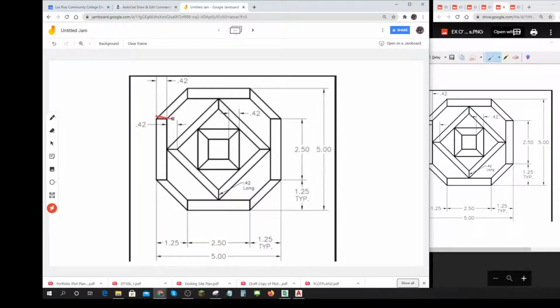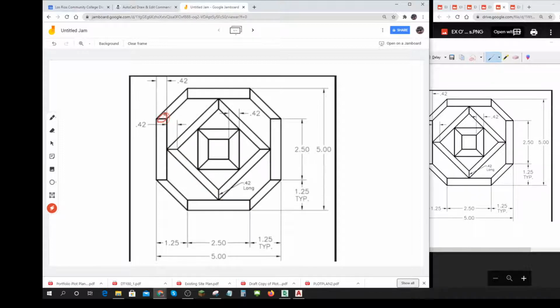And then the way I did it is I drew this little line, and then I copy, copy, copy. And I drew this little line. I did copy, copy, copy. And then I used my endpoint O snaps. And then I did my midpoint O snaps.